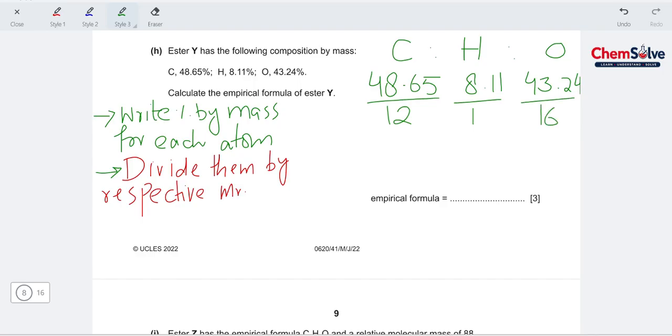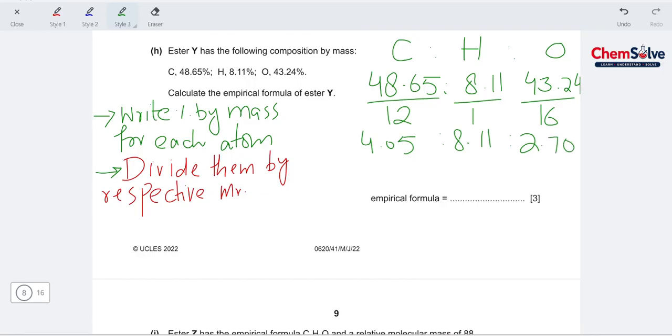Let me calculate using my calculator. 48.65 divided by 12 gives 4.05. Hydrogen will remain 8.11. And for oxygen, 43.24 divided by 16 is 2.70.